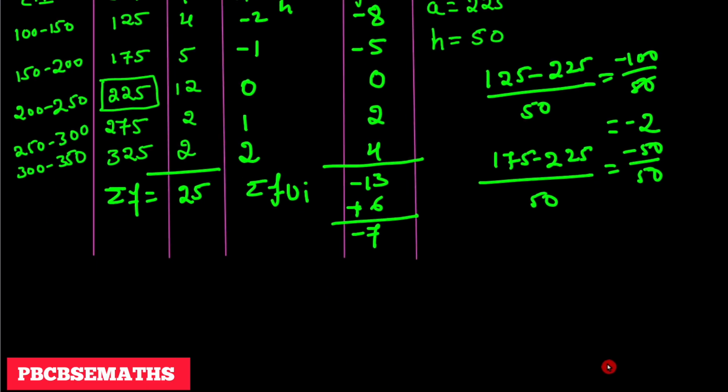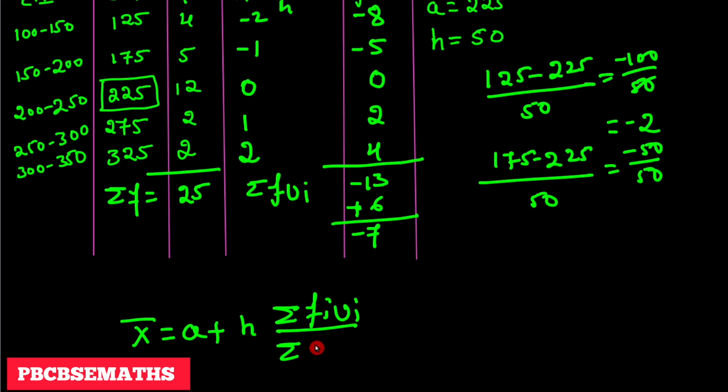For that, the formula is x bar equals a plus h times summation of f_i u_i divided by summation of f. So here a value is 225, plus h value is 50 into summation f_i u_i value minus 7 divided by f value 25.